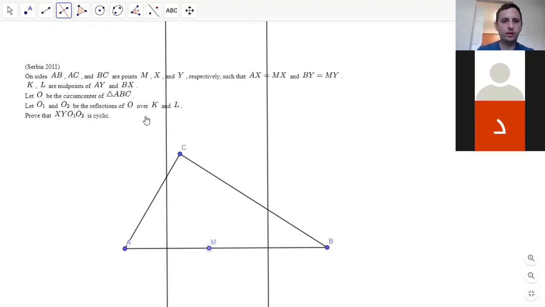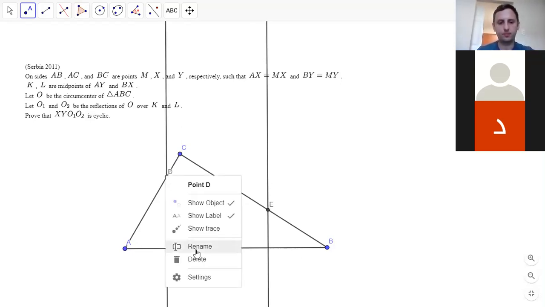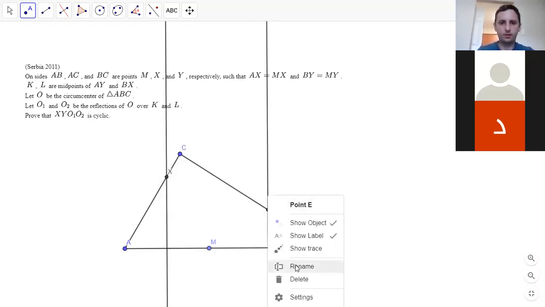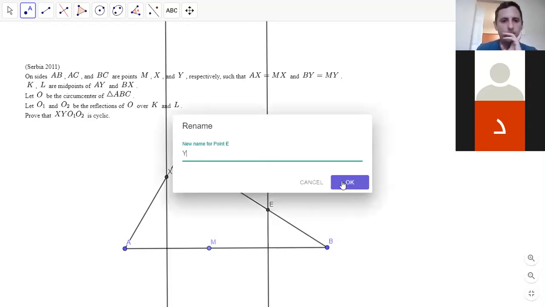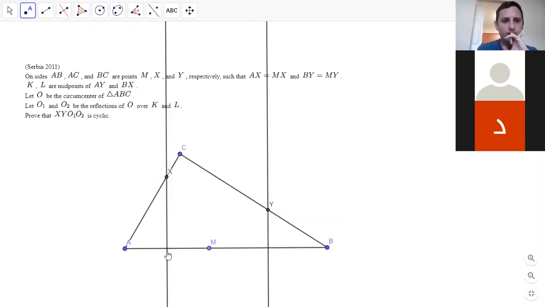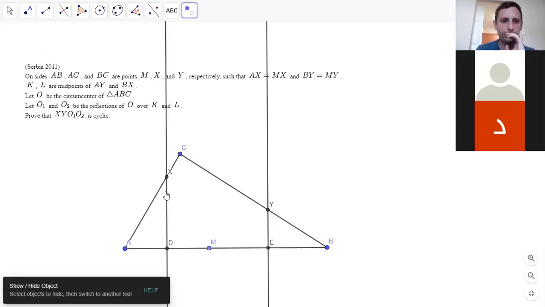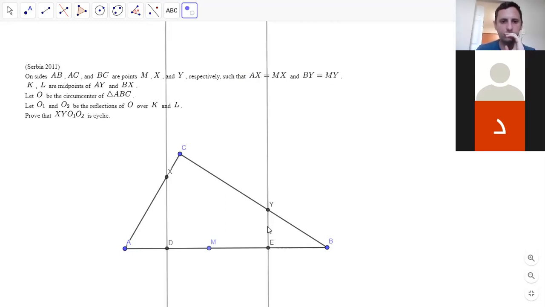And then these are points X and Y. So that's X. This is Y. And maybe I'll just draw these points just to make it easier. So the midpoints of AM. All right. So if I hide this and this, there we go.